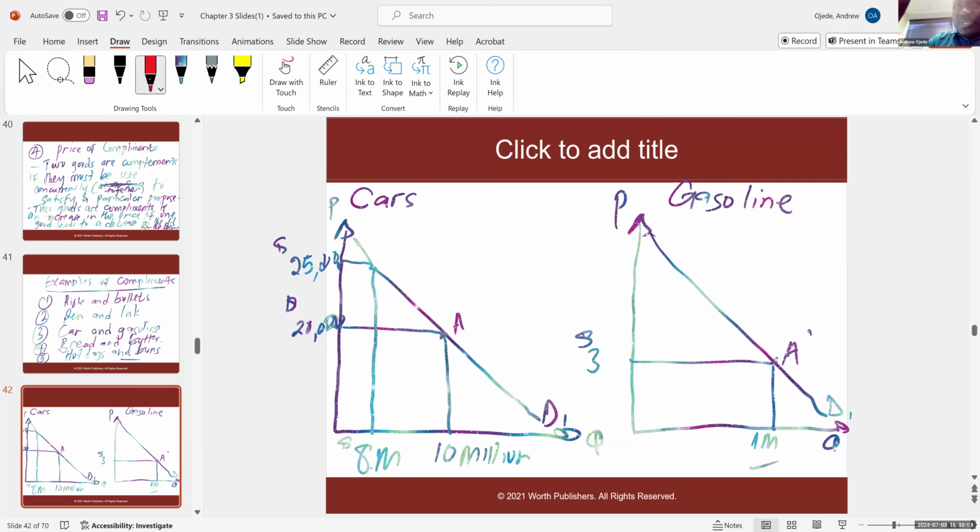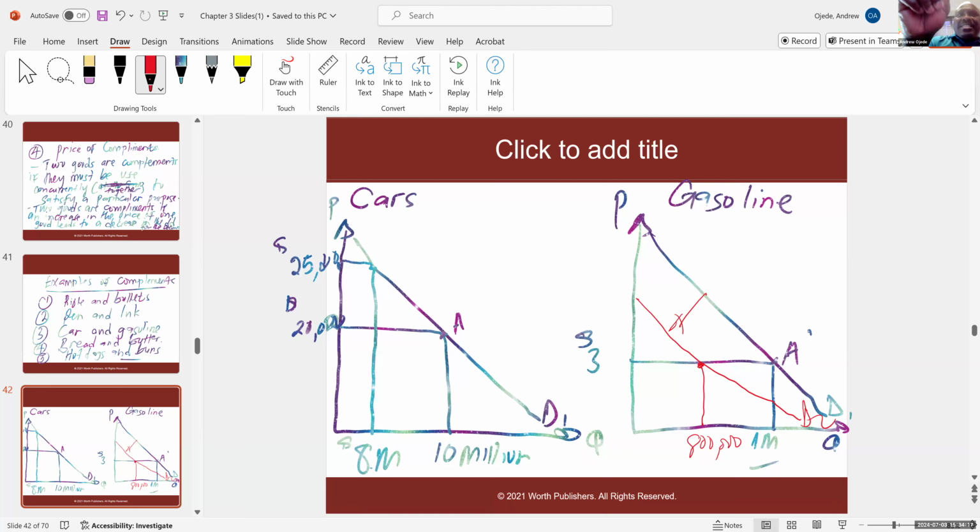So the demand for gasoline is going to shift to the left, to D2. Maybe instead of 1 million gallons of gasoline a week, they'll reduce the quantity to maybe 800,000 gallons. See? So that's how we analyze how the price of a complementary good affects the demand for the second good.